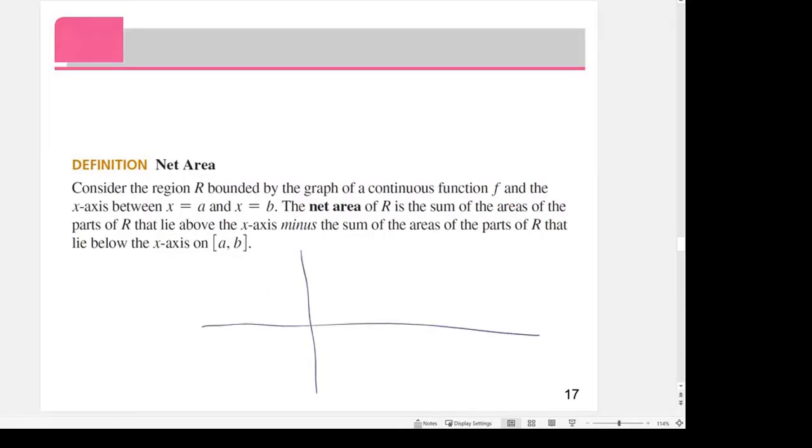So let's say I have, here's a, here's b, okay? So consider the region R bounded by the graph of a continuous function f between a and b. So it says the net area, not the total area, the net area, this is very important here, of R is the sum of the areas of the parts of the graph that lie above the x-axis.